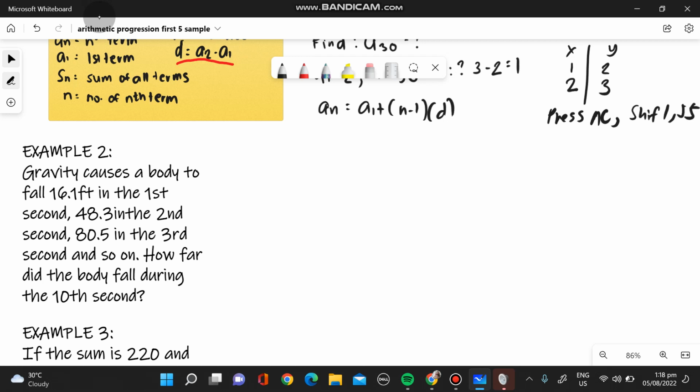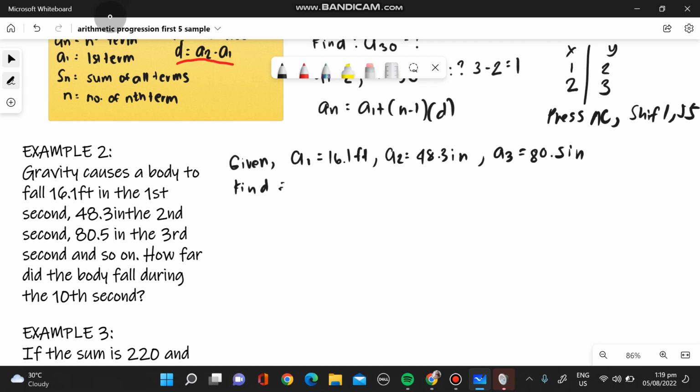So we have our given, a1 is equals to 16.1 feet, and then a2 is equivalent to 48.3 feet, and a3 is equals to 80.5 feet. Okay? So we have to find the 10th second, so find a10.